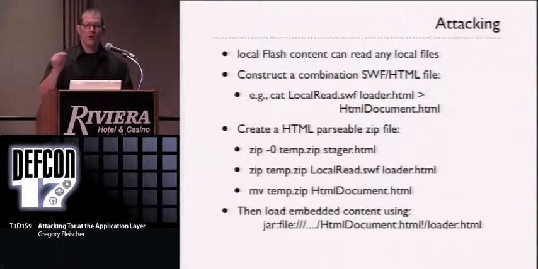If a user says open it, it gets saved locally and opens. Then it can load Flash, and Flash says you can load other local files, so it can reload your loader file as a local HTML file. At that point you've read any file off your local directory, and you can connect back out to the web and transmit it.